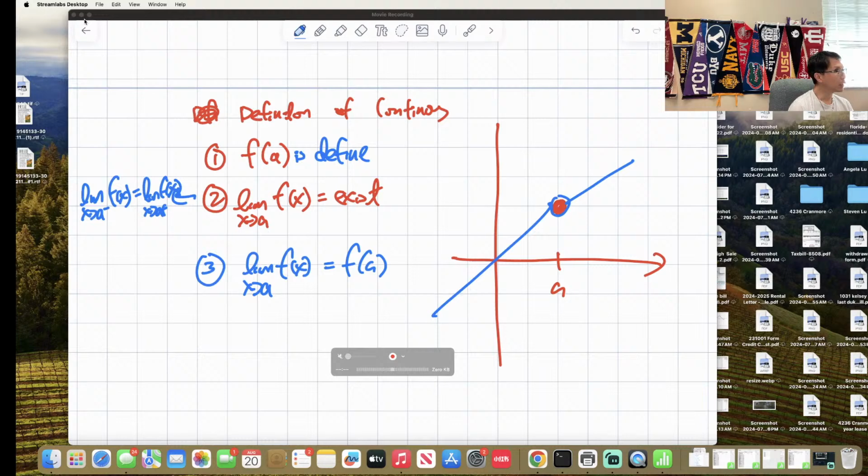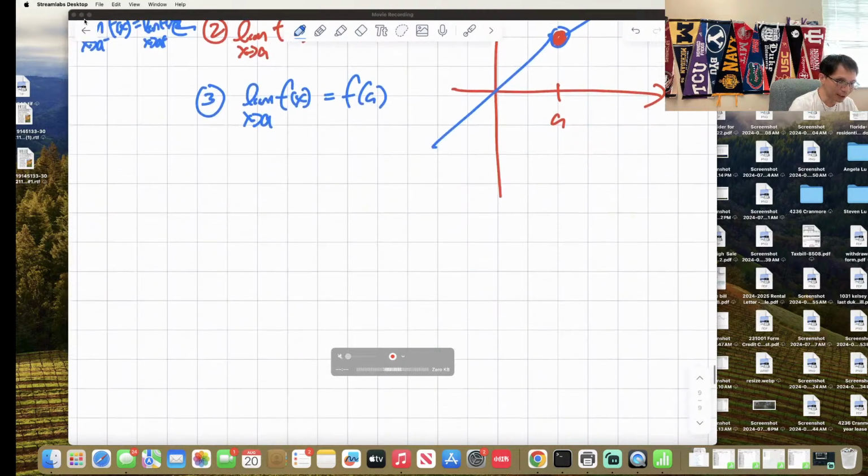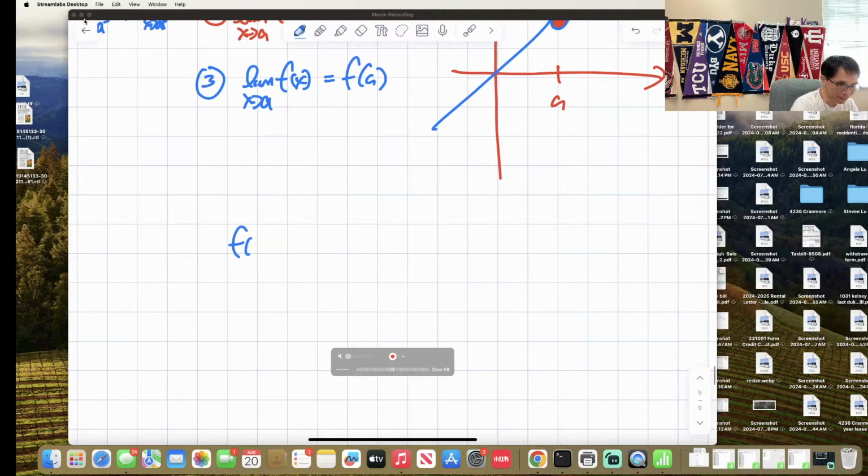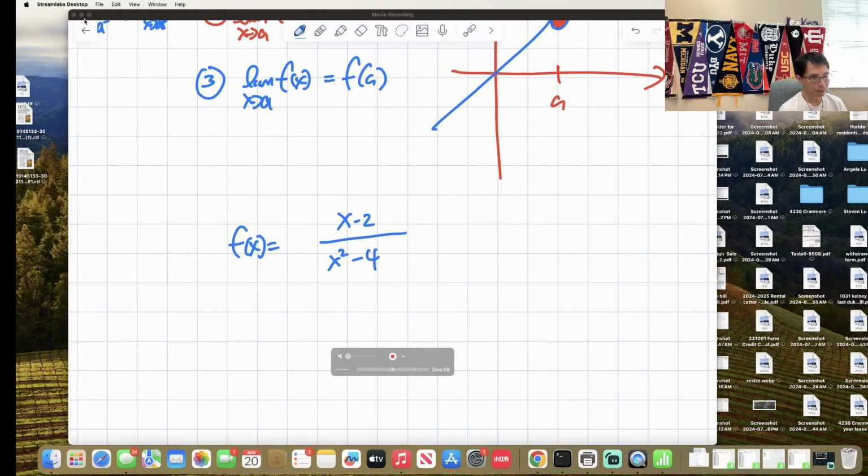Yeah, it's the open hole. Okay, so let's look at this case. Let's look at f of x equal to x minus 2 over x squared minus 4, like this, right? So where's the removable discontinuity?